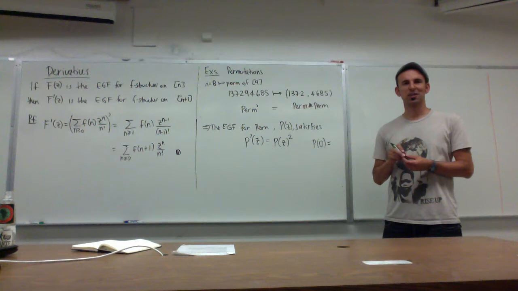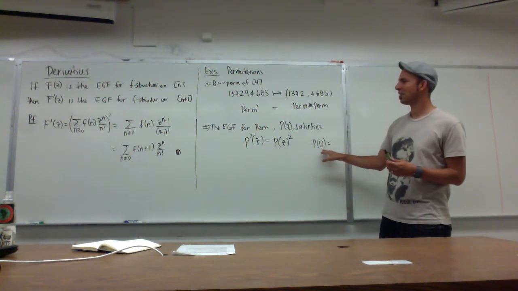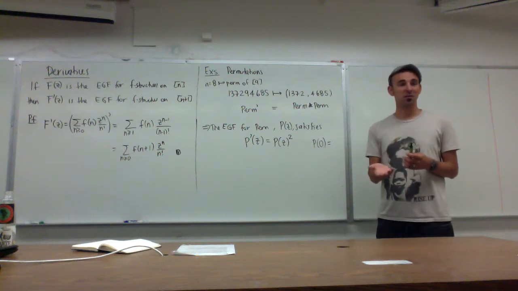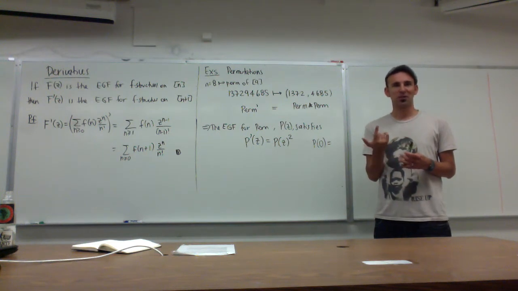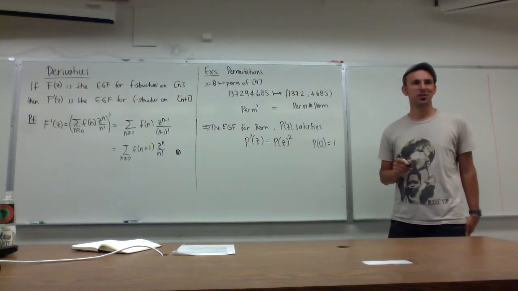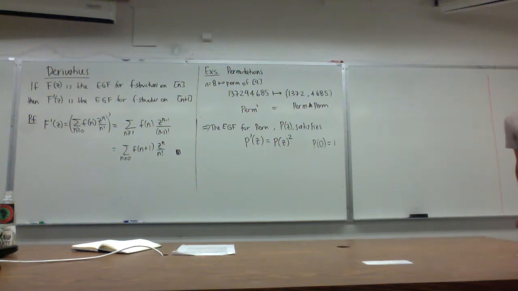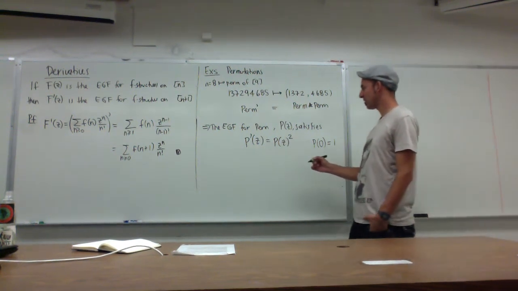So this is exactly what Cervantes just talked about. The value at 0 is the number of permutations of size 0, which is 1, the trivial permutation, the empty permutation. Okay, so I have a differential equation, so I solve it. So how do I solve it?